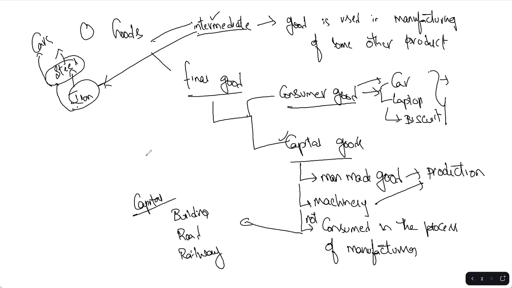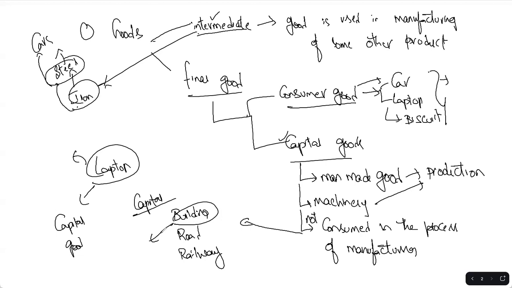A good can be both consumer good and capital good depending upon its usage. Let's say we have taken a laptop. You are using this laptop for teaching some kind of classes, for producing something. Then it becomes a capital good. You have used building for your residence purposes, and you have used same building for commercial purposes. So depending upon your usage, it will become either consumer good or capital good.